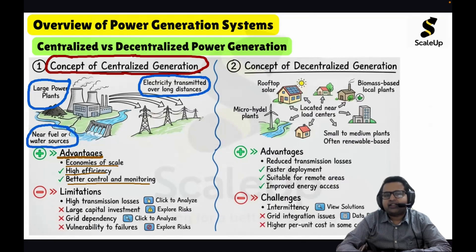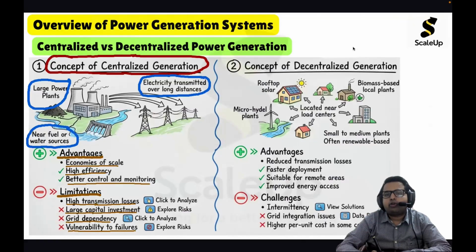If we talk about limitations, since it is grid dependent and electricity is transmitted over long distances, definitely high transmission losses will be there. Large capital investment will be there because high capital is needed. They are dependent on the grid, and they are vulnerable to failures. So these are the limitations of centralized power generation.